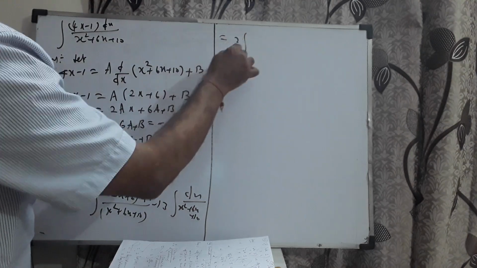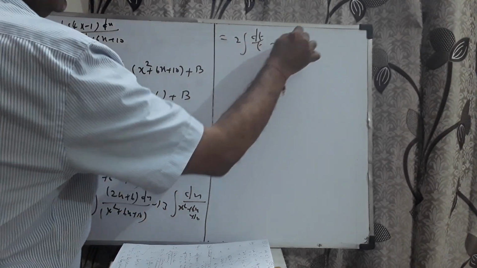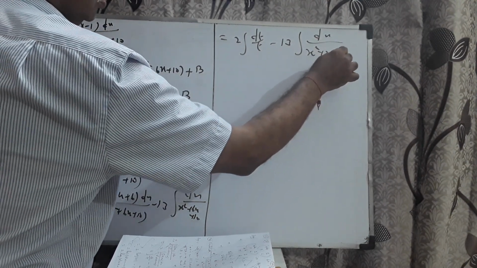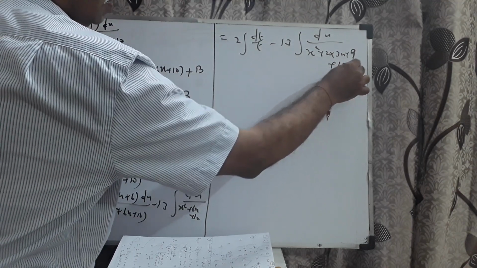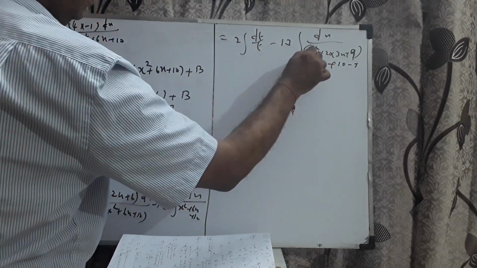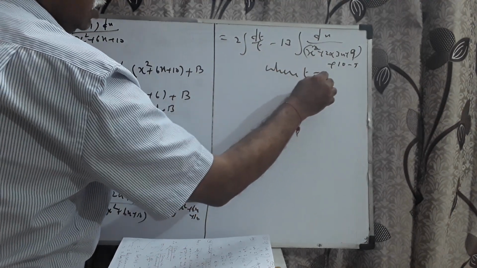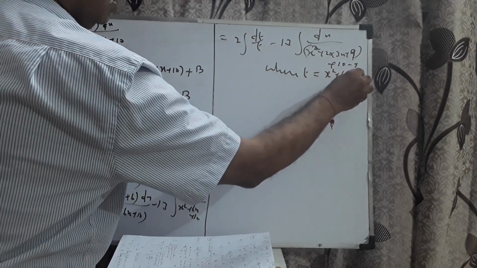For the first one, it will be of the form dt by t. For the second, minus 13 integral dx by (x square plus 2 into 3x plus 9), adding 9 and subtracting 9, plus 10 minus 9. Where what is my t? T is nothing but the denominator, x square plus 6x plus 10.